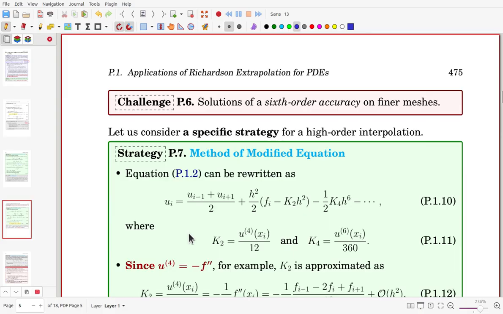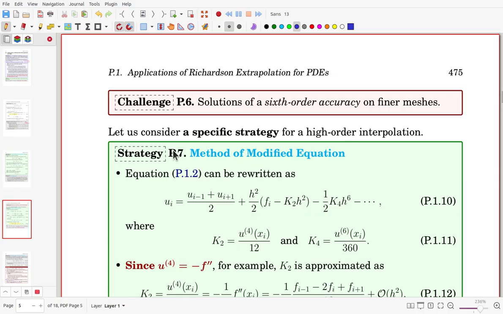Okay, here the challenge is that we have to get solutions of sixth order accuracy on finer meshes by applying a high order interpolation technique. So let's consider a specific strategy for a high order interpolation.